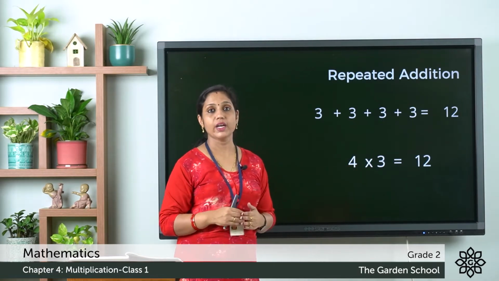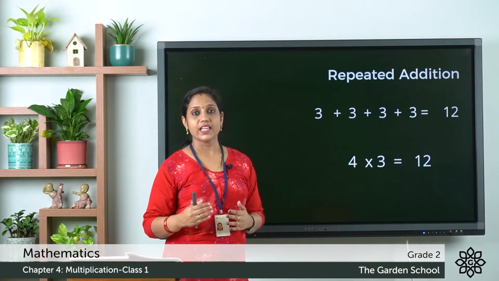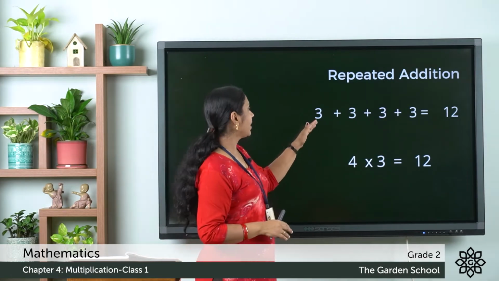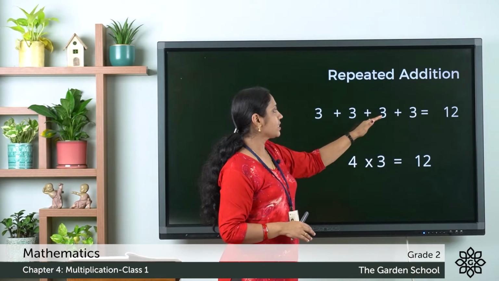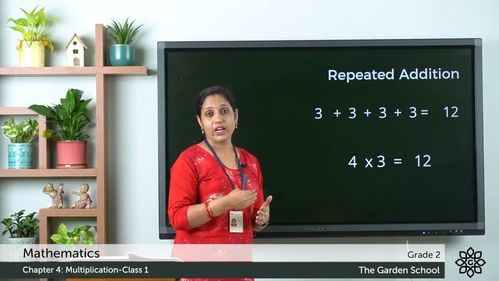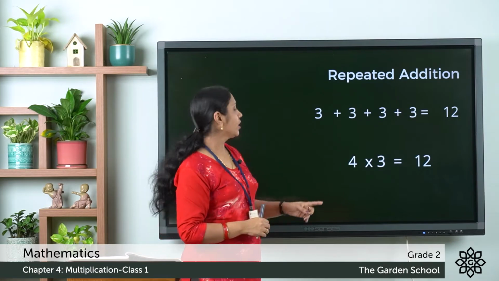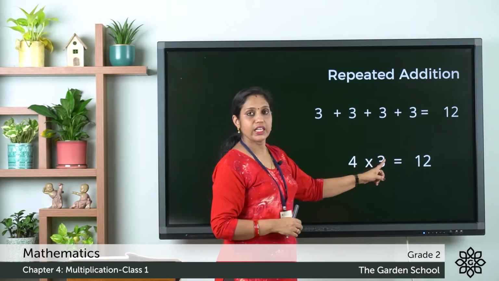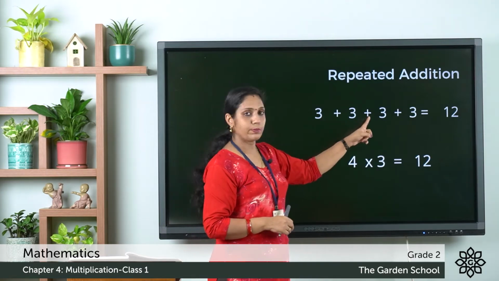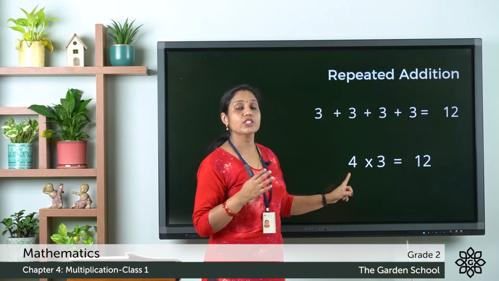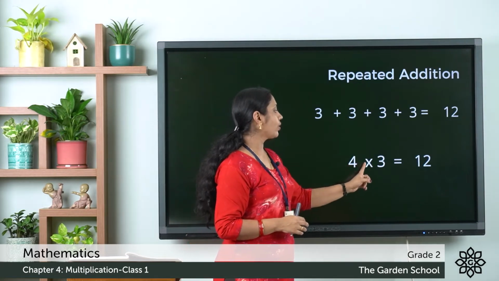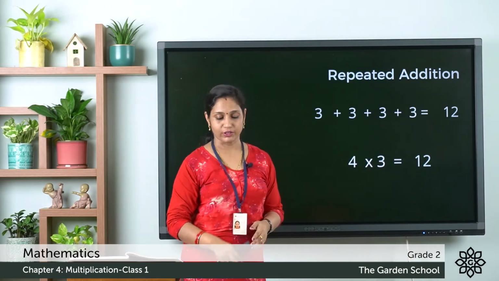Which number is repeating? The number 3 is repeating. So instead of writing 3 plus 3 plus 3 plus 3 is equal to 12, we can also write 4 into 3 is equal to 12. Here the number 3 has repeated 4 times.